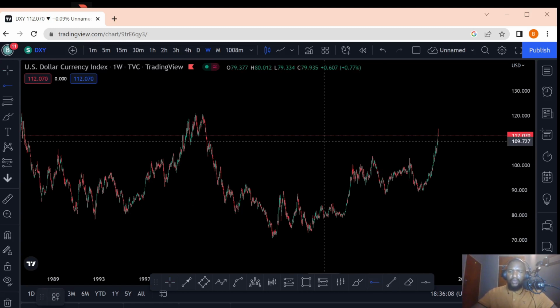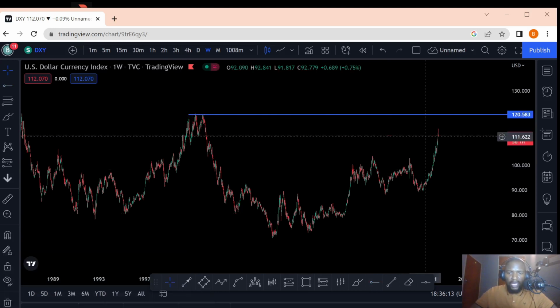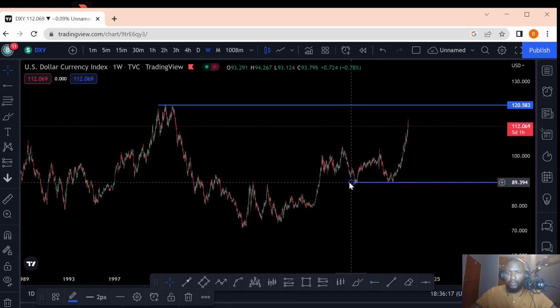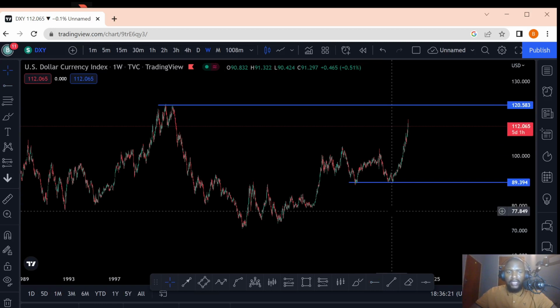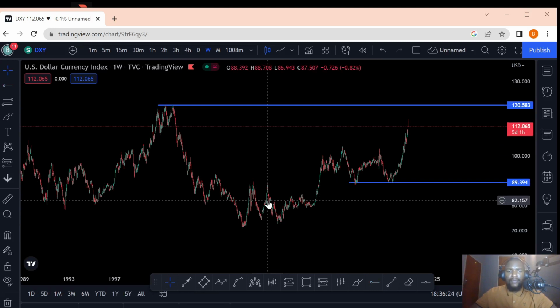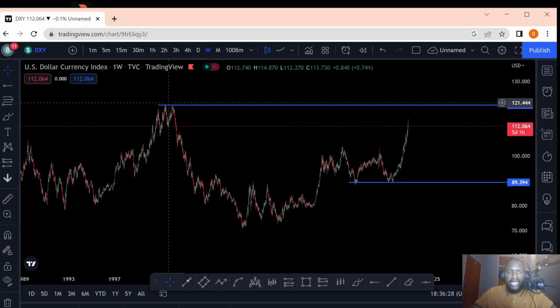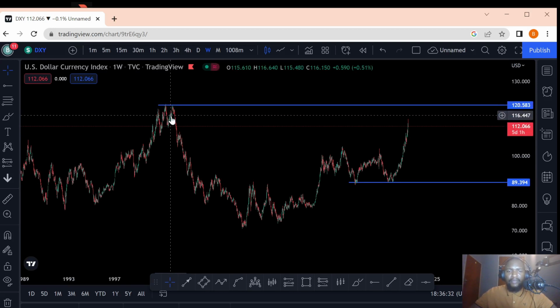As you can see, we have the double top and we have the double bottom, right? These are the two major objectives that you must look at, because before the market takes the long-term move, it must give us at least a pattern from a higher time frame structure.